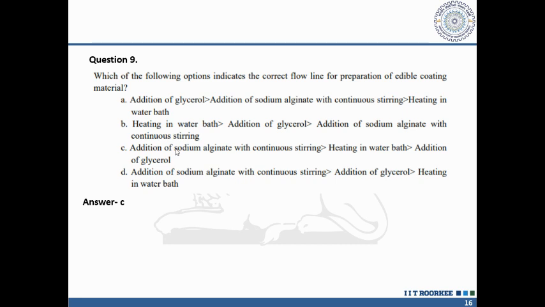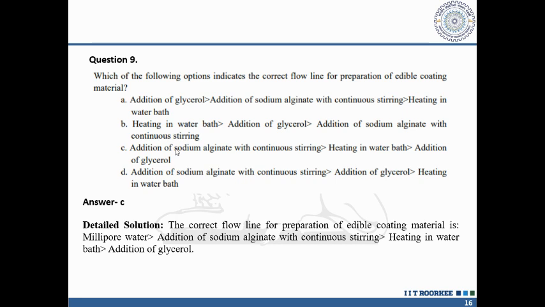So C is the correct option. The correct flow line for preparation of edible material is millipore water, then addition of sodium alginate with continuous stirring, heating in water bath, then addition of glycerol. Then your coating material will be prepared.